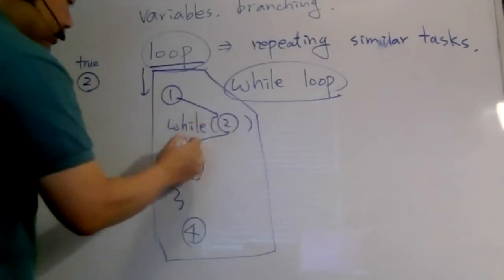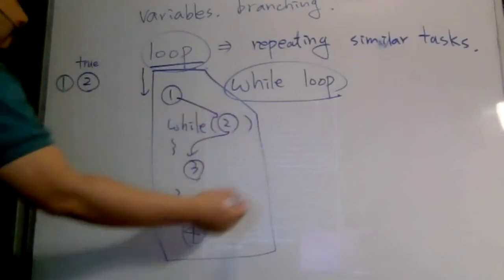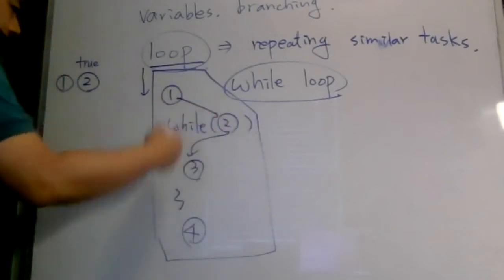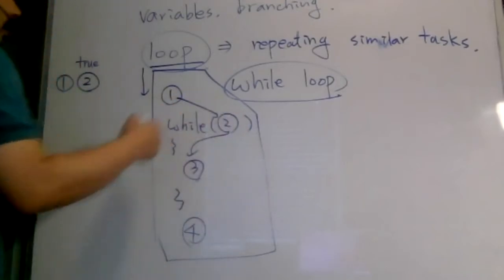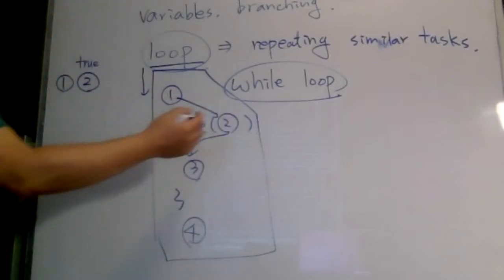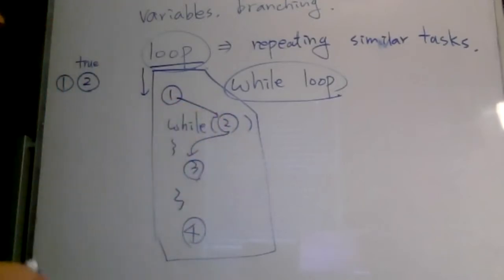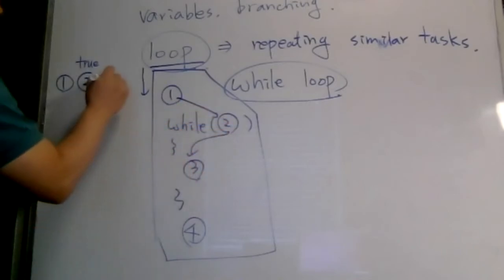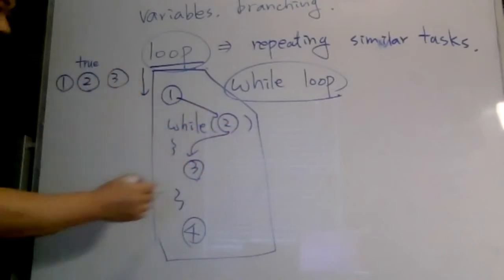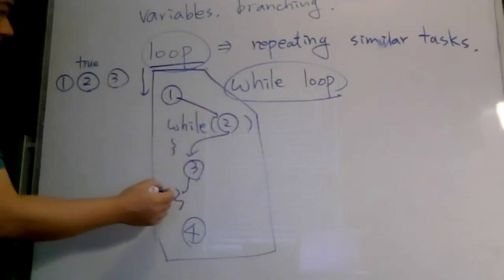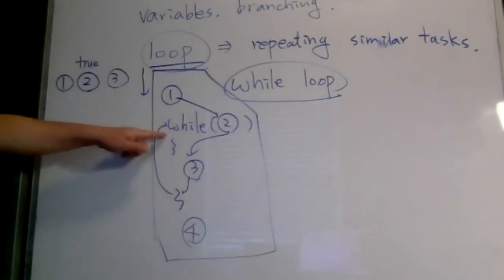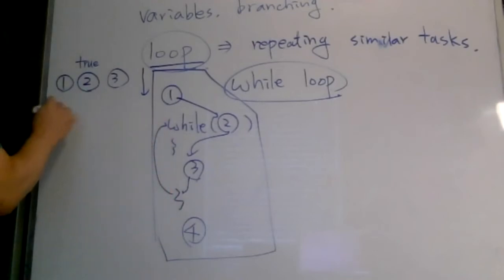Then while 2 is true, keep running 3. If it is true, 3 is executed, and when 3 is done, you go back to the beginning of the while loop. So again, you run 2.